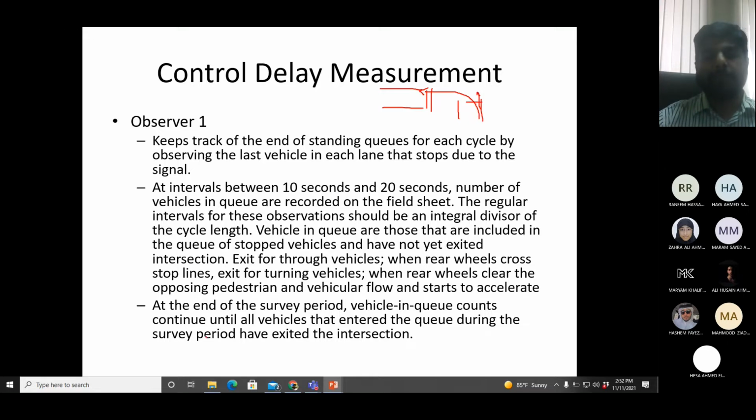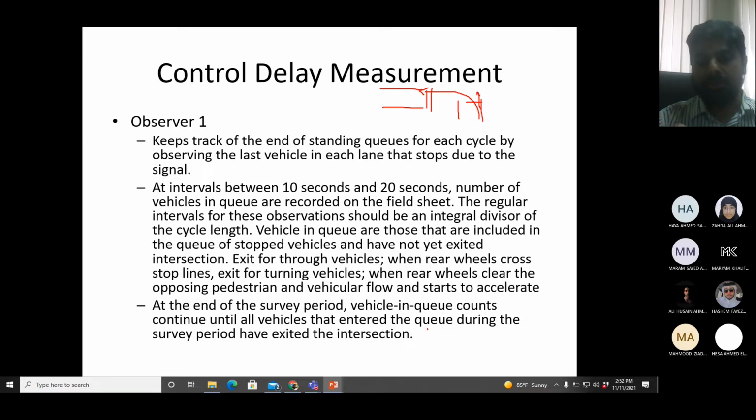The second thing you have to consider is that the survey should continue until all the cars which came during your survey period have left. For example, when you are about to finish, somebody told you to do it for 15 minutes. At the end of 15 minutes, there are 2 cars still in the queue. These 2 cars came during your survey period, so you must take extra observations until these 2 cars leave.